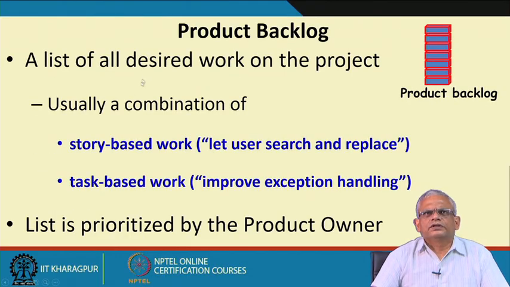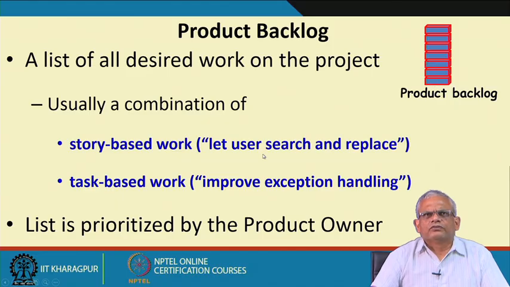One of the most important artifacts in Scrum is the product backlog. The product backlog is a list of all the desired work for the project. In the product backlog, there are two types of items.